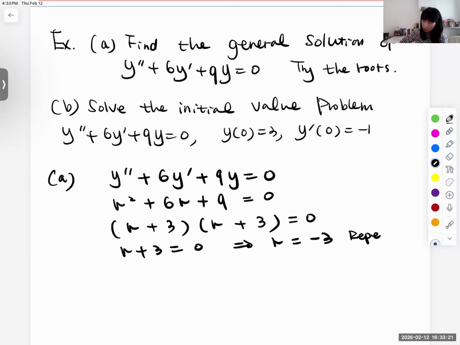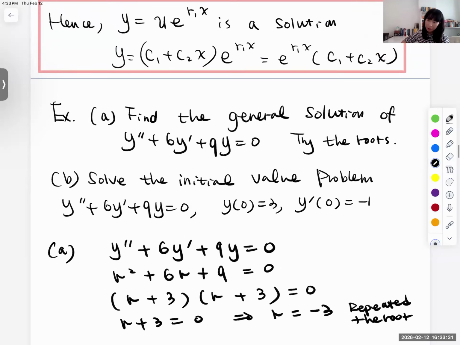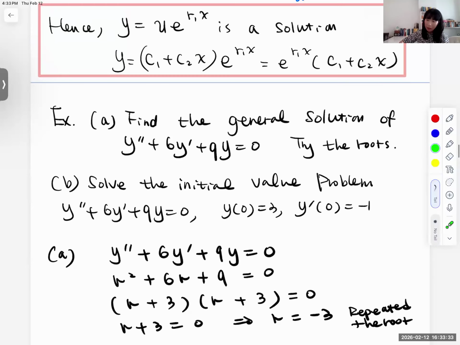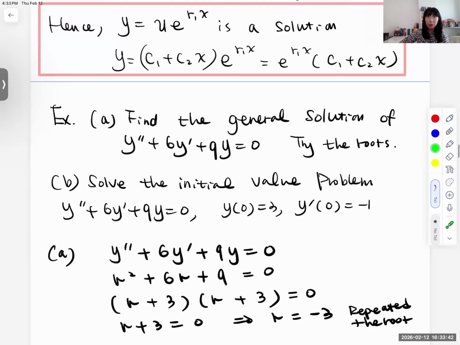Repeated root. Okay, so then we can use that formula or form, yeah.